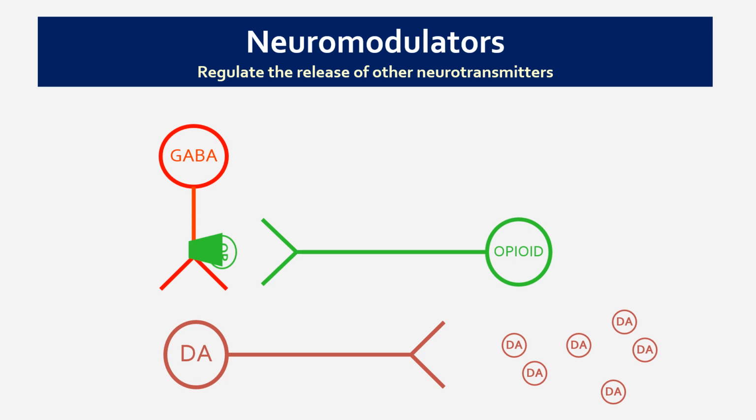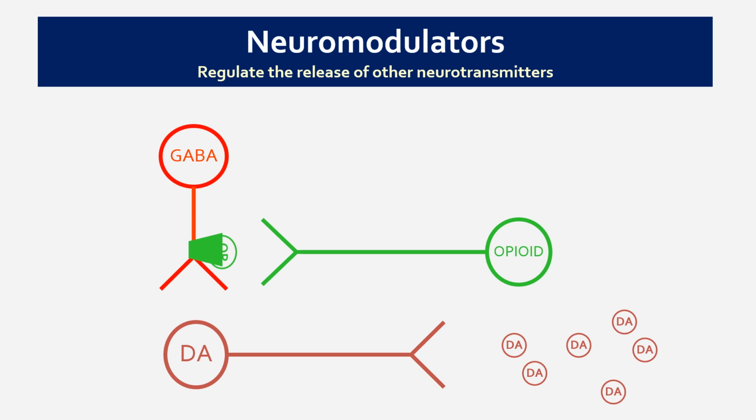This is part of the cellular mechanism by which our brain's reward system responds to unexpected rewards. There is a burst of opioid release. This then turns off the brake on the dopamine neurons, and this causes an increase in the release of dopamine due to an increase in the firing rate of these dopamine neurons. In this way, the opioid is acting as a neuromodulator by modulating the release of GABA.